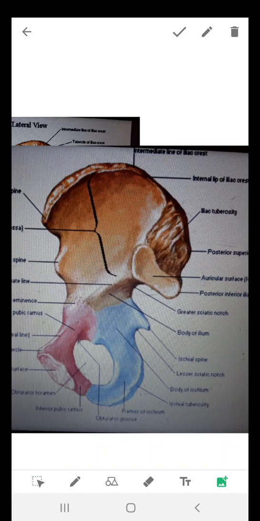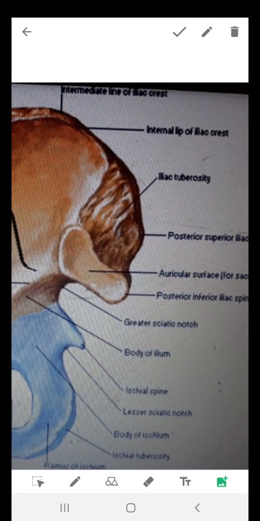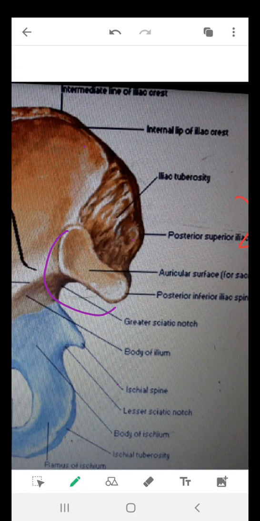Here in the ilium, you see something that looks like an ear. This ear-like structure is called the auricular surface of the ilium. The auricular surface of the ilium serves for the attachment to the sacral bone.